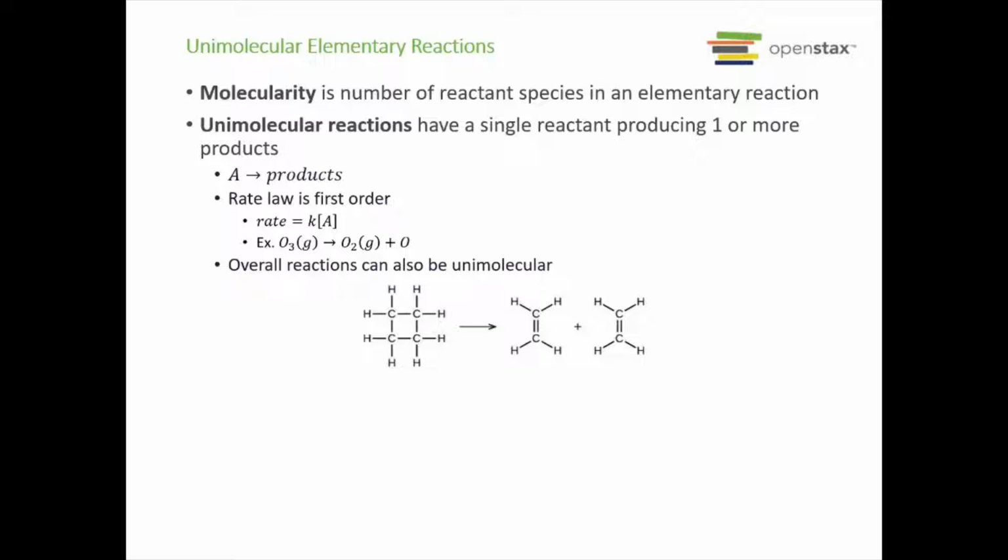It's the overall balanced reaction, but it also is a unimolecular elementary reaction. So the rate for this reaction is equal to the negative change in C4H8 over delta t, and that rate is equal to k times C4H8.